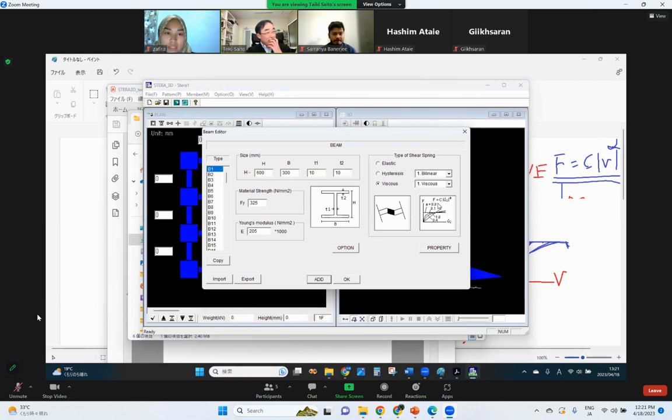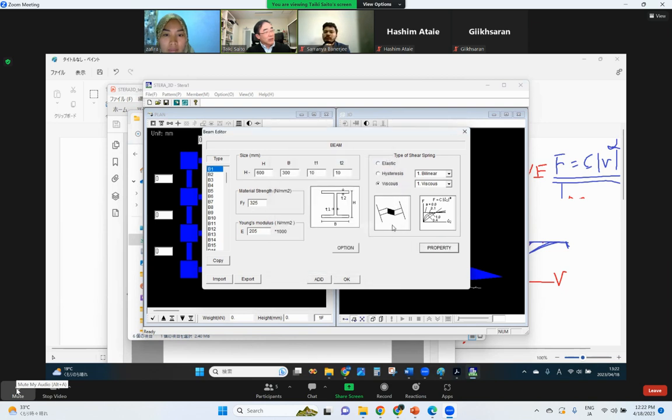You can see the damping force is C multiplied by velocity to the power alpha. If alpha is 1, it's a straight line. But if alpha is less than 1, it will be some kind of curvature. But we want to know the value of this coefficient.